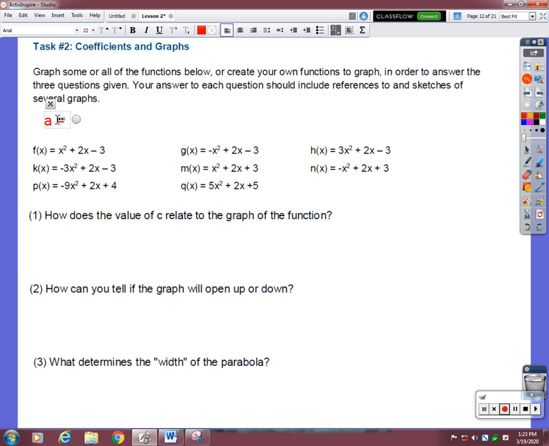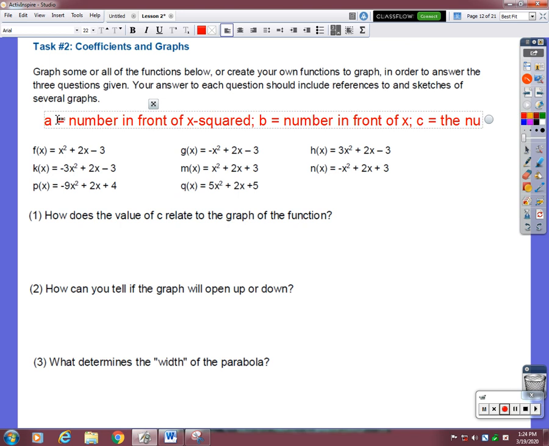A is the number in front of x squared, in case you don't know that already. B is the number in front of x, and c is just the number.